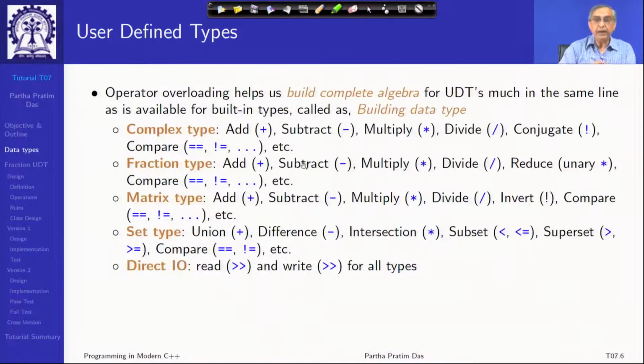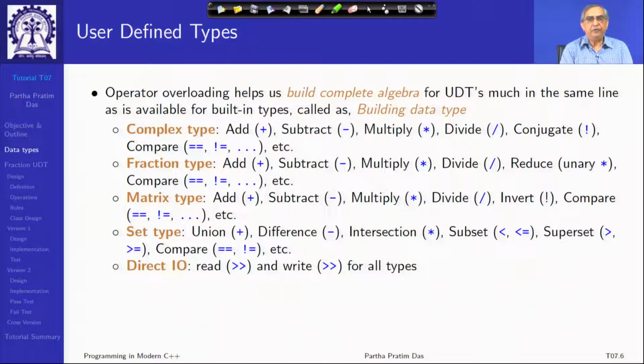And this becomes really useful because now you do not need to rely on a whole lot of functions that you had to write in C to realize the functionality of the type of data that you are dealing with, but you can build it pretty much like the built-in types that we have.